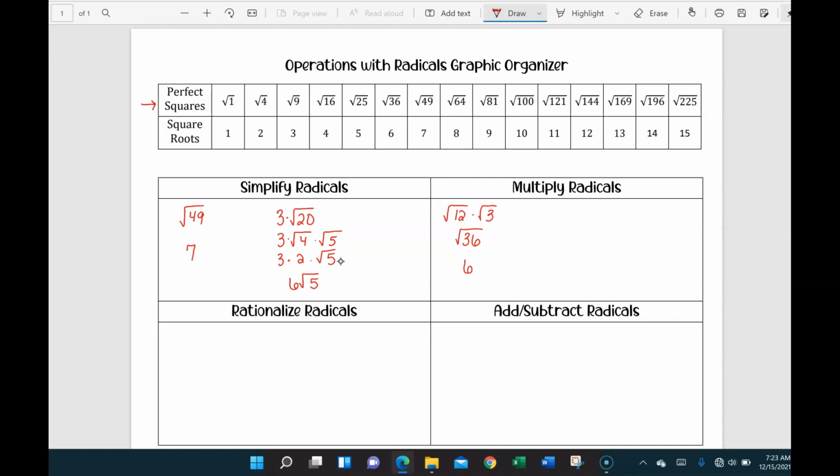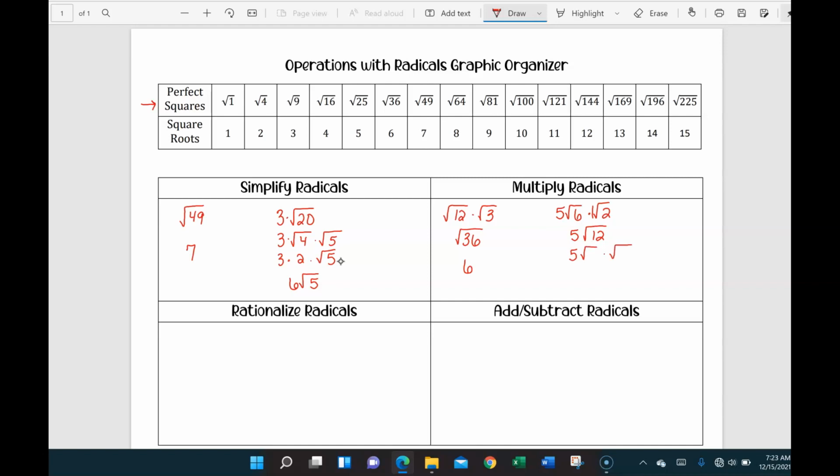And then let's do 5 times the square root of 6 times the square root of 2. If we have any coefficients, we always multiply the coefficients together. So I just have 5. And if it's helpful, I can put a little 1 in front, and I'm essentially doing 5 times 1. Then square root 6 times square root 2 is the square root of 12. 12 is not a perfect square, so I have to break apart the 12 and ask myself, what's the biggest perfect square that goes into 12?